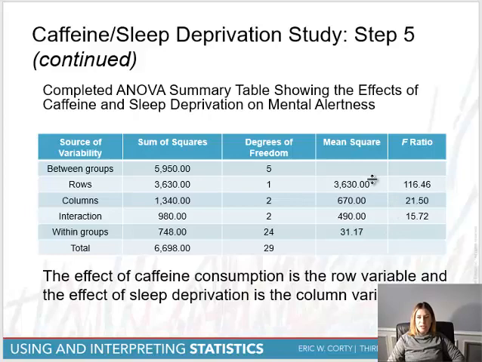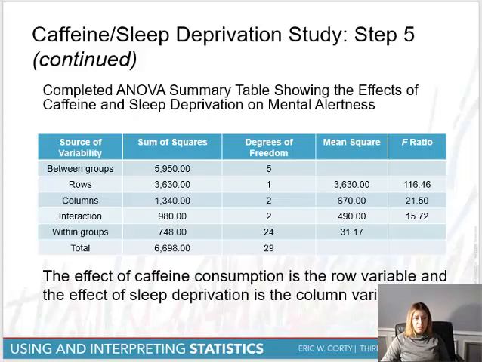So 3630 divided by 31.17 is 116.46. 670 divided by 31.17 is 21.50. 490 divided by 31.17 is 15.72. So those are our observed values of F. Again, what we do is compare these to our critical values of F that we had earlier. These are all greater than that. So we know already that we have rejected the null.